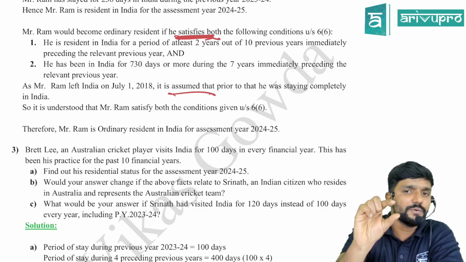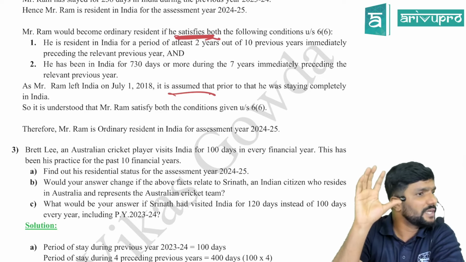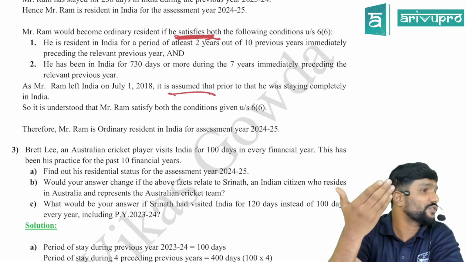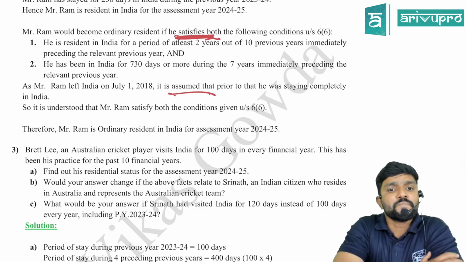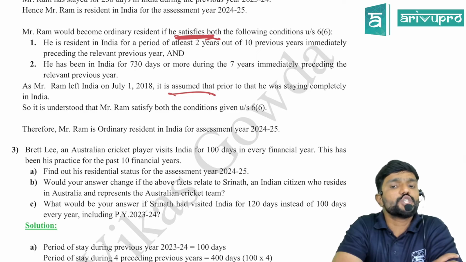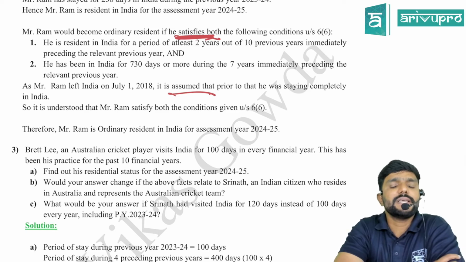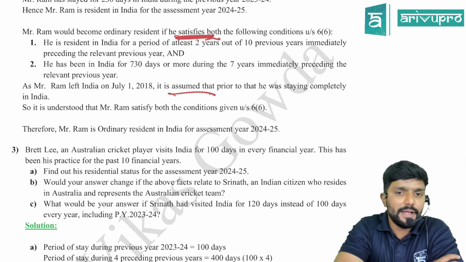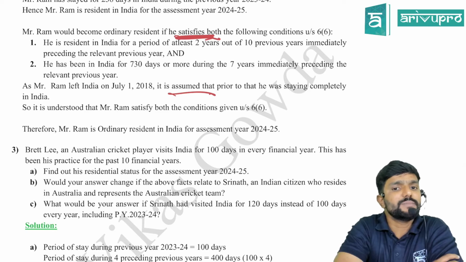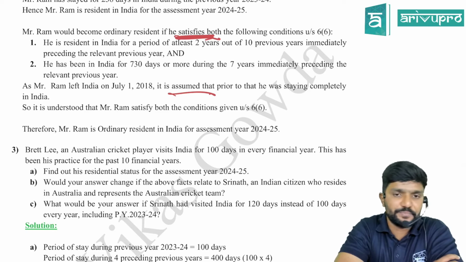Like how I use the terms here, please try to use the same, guys, if at all this kind of question comes. So I will just read that once again, which is important for this question. As Mr. Ram left India on 1st July 2018, it is assumed that prior to that he was staying completely in India. So, it is understood that Mr. Ram satisfied both the conditions given under section 6.6.